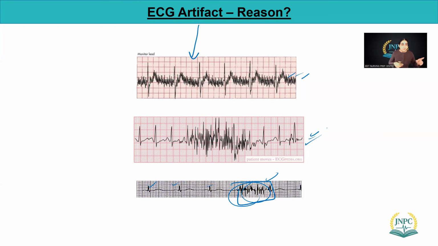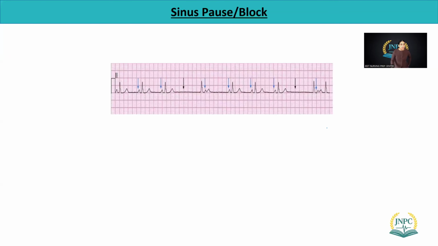And of course, sometimes you see this kind of rhythm and on the exam, maybe in the case study, they have written that the client is talking, maybe walking around, or maybe he's alert, oriented times 4. So that time we know that it's our fault. Maybe we haven't put it in a nice way.